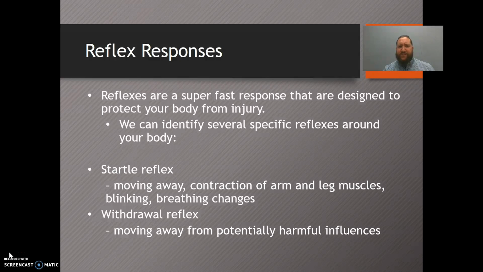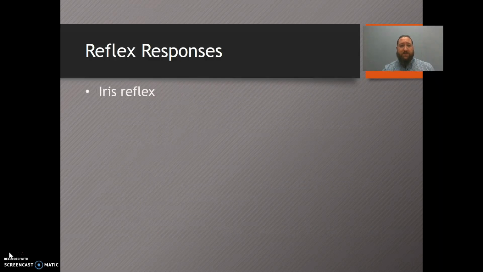I mentioned the reflexes are so fast that it happens before your brain gets involved. And this can be seen quite clearly with this withdrawal reflex at times, that if you touch something hot, you've actually pulled your hand away before your brain actually processes that information and you start feeling the sensation of the heat. So, interesting little thing there.